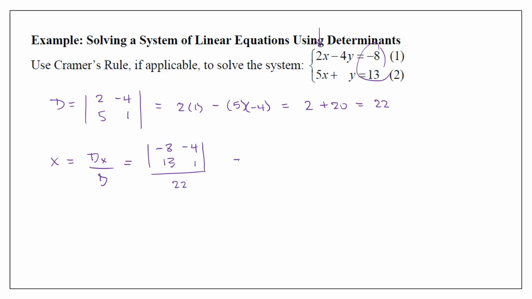That equals -8 times 1 minus -4 times 13 divided by 22. So that's -8 plus 52 divided by 22, which is 44 divided by 22, which equals 2. So the x coordinate is 2.